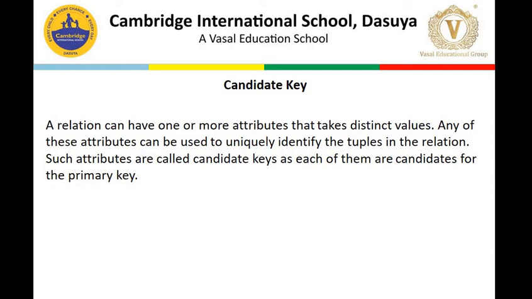Clear? In a relation we can have one or more attributes that take distinct values. Such attributes are called candidate keys, as each of them is a candidate for the primary key. All the candidate keys are candidates for the primary key, and we have to select one of the candidate keys as the primary key.